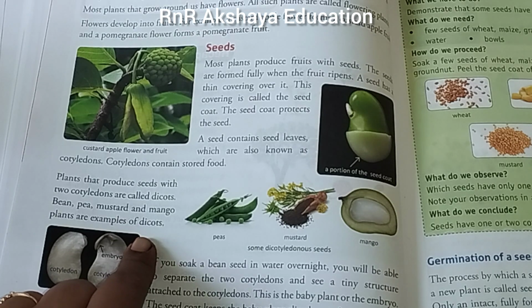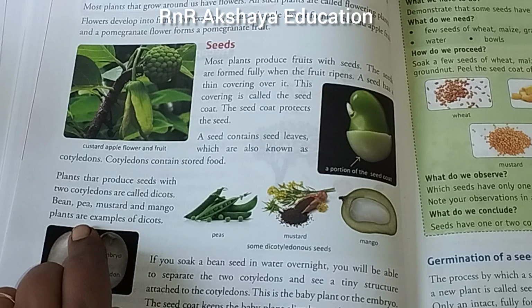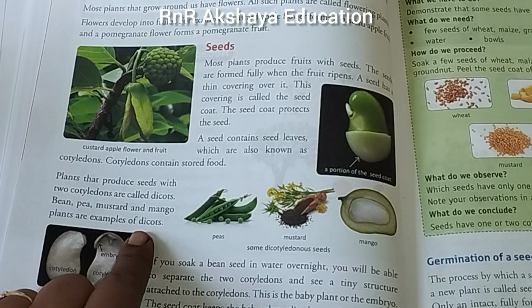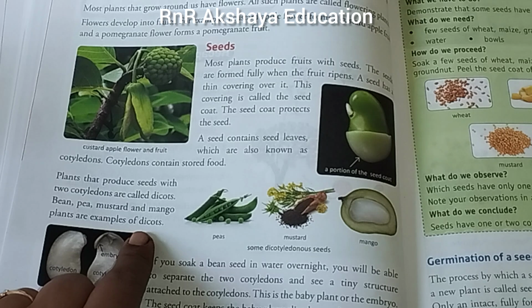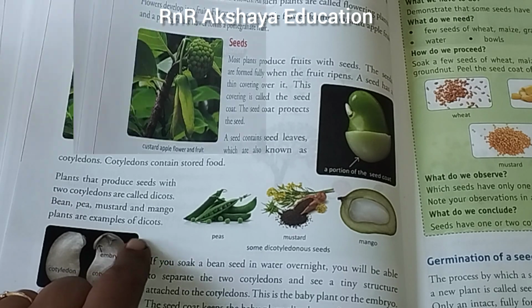What are dicots? Plants that produce seeds with two cotyledons. When plants produce seeds with two cotyledons, they are called dicots.